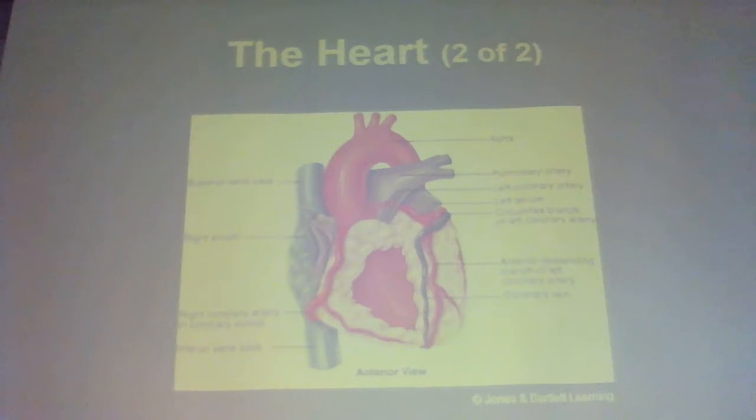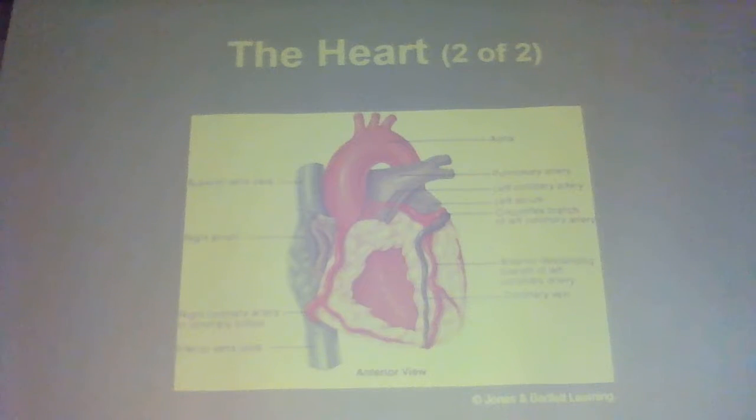And that comes from the lungs into the left atrium, through the mitral valve, into the left ventricle, through the aortic valve. And what's the big red circle on the top? The aorta. That's your aortic arch.